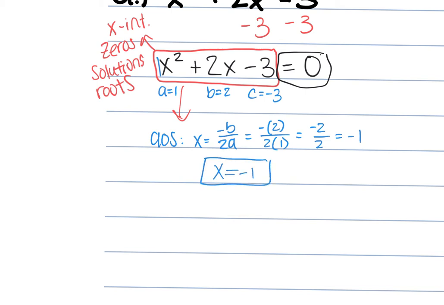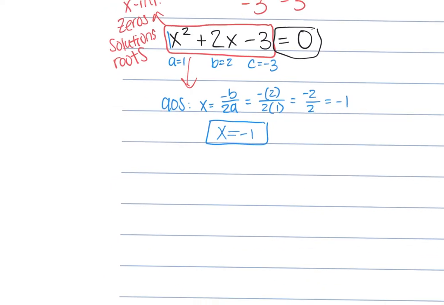And if you remember, for standard form, after we find the axis of symmetry, our next thing to do is find the vertex. And we find the vertex by plugging in the axis of symmetry into our original equation. So now for our vertex, we're going to take x squared plus 2x minus 3. I got that equation from the original once I put it into standard form.